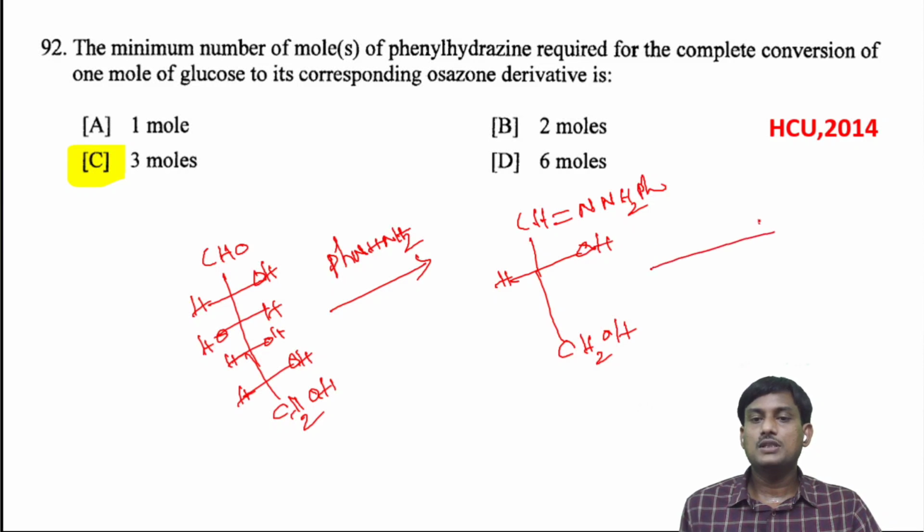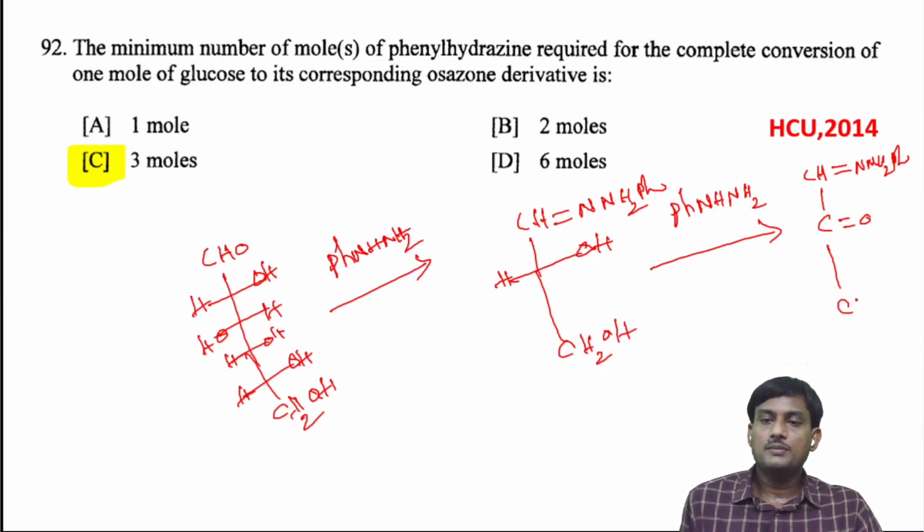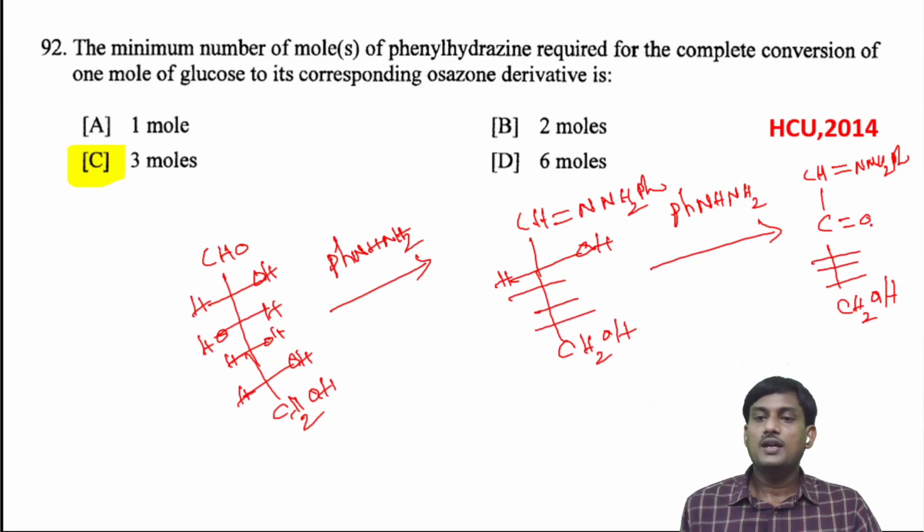When you treat with another molecule of phenylhydrazine, there is a formation of a C=O keto group here, CH=N-NHPh, and the remaining positions have no change. Here there is a formation of PhNH2 plus NH3.